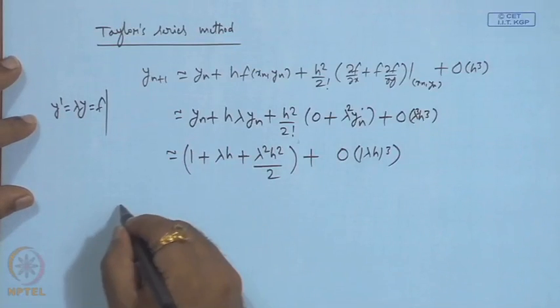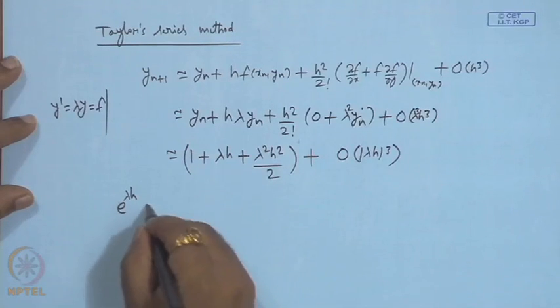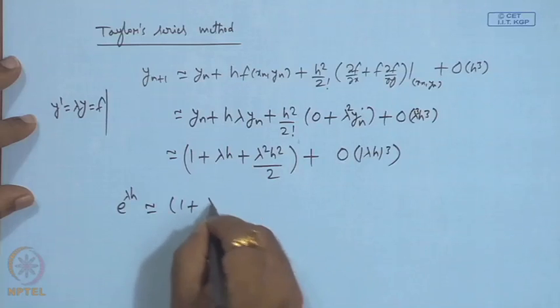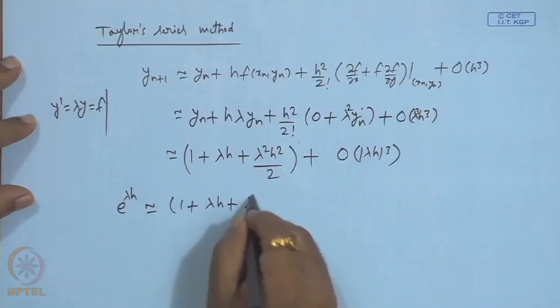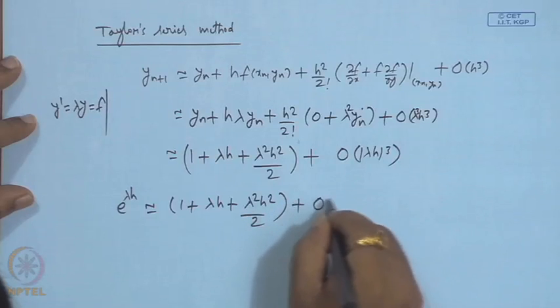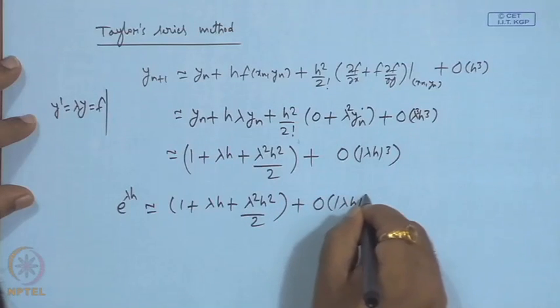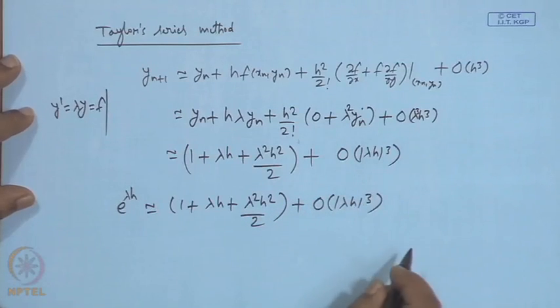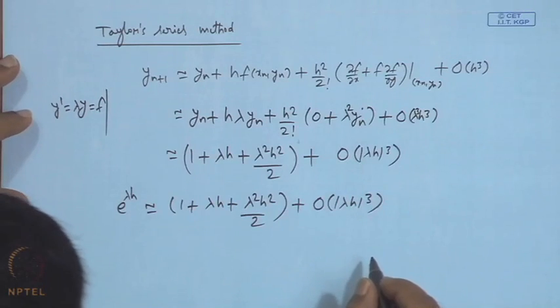So, that means e power lambda h has been approximated by this. Okay. So, this is the approximation, right.